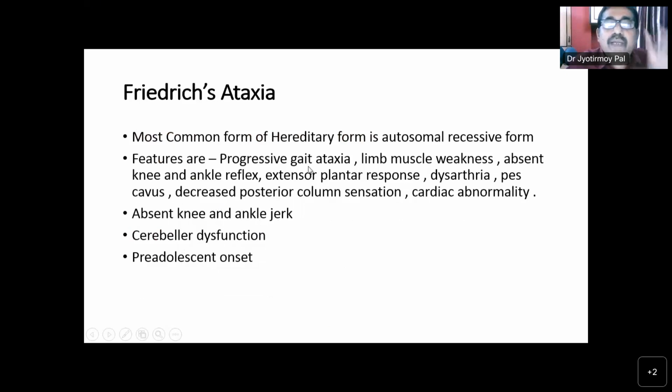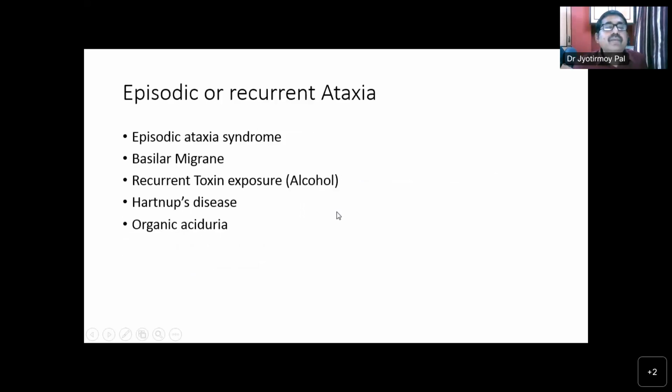So progressive gait ataxia, limb muscle weakness, absent jerks, extensor plantar response, other cerebellar dysfunction like dysarthria, along with decreased posterior column sensation and cardiac abnormality, all give a clue of Friedreich's ataxia. But remember this point: along with cerebellar dysfunction, if you get absent knee jerk and ankle jerk and pre-adolescent onset, at least search for the other findings and you may find Friedreich's ataxia.